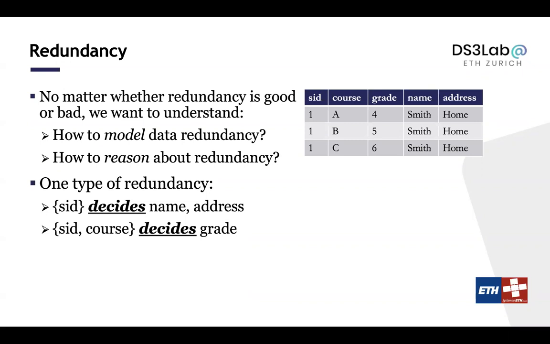If you look at this relation, there are all those functional dependencies between different subsets of attributes. And if you think about why this relation design has data redundancy, it's because you have so many of those functional dependencies mixed together in the same relation schema. That is the type of redundancy we are going to look at in this lecture, and we are going to formally model it with a notion called functional dependency.